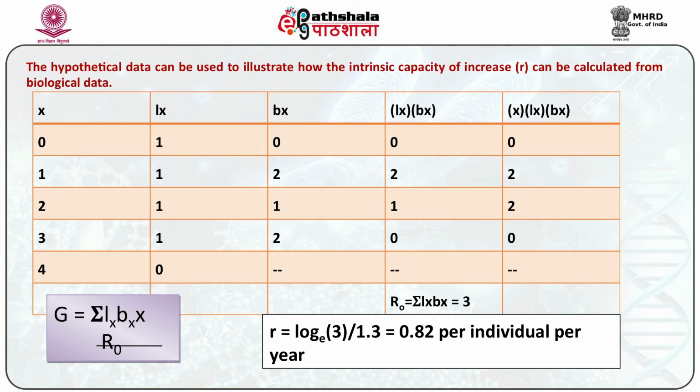But how long is a generation? The length of a generation, that is capital G, can be explained as the mean period between the birth of parents and the production of the offspring.